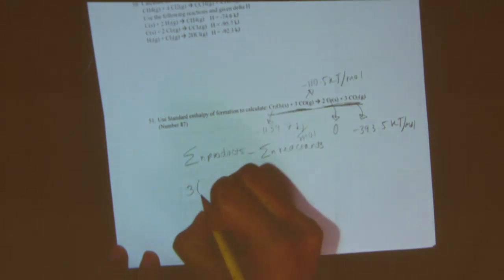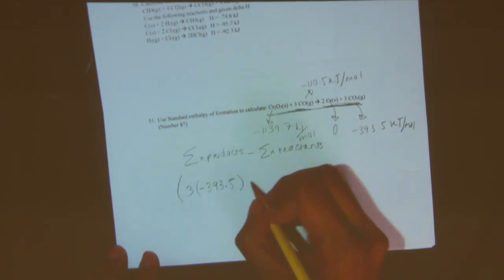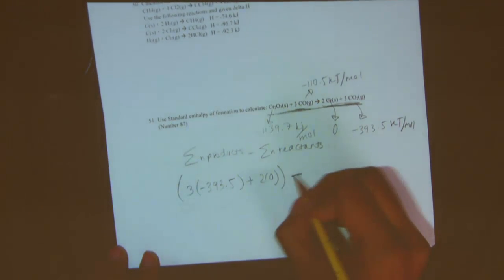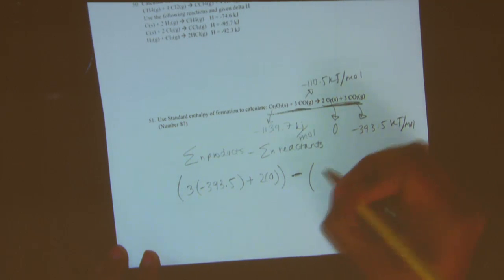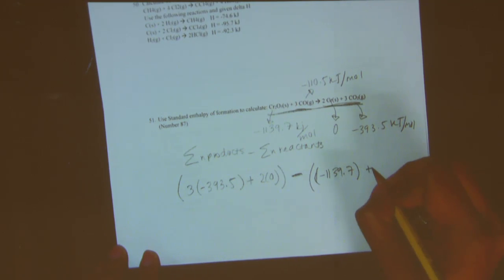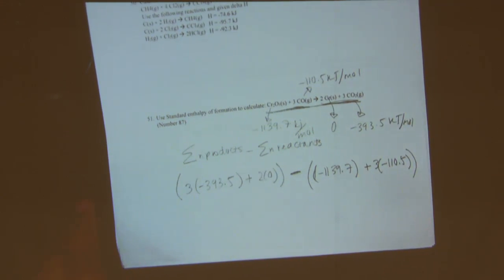So 3 times negative 393.5 plus 2 times 0, which we know is just 0, minus negative 1139.7 plus 3 times negative 110.5. Okay, so we have that.